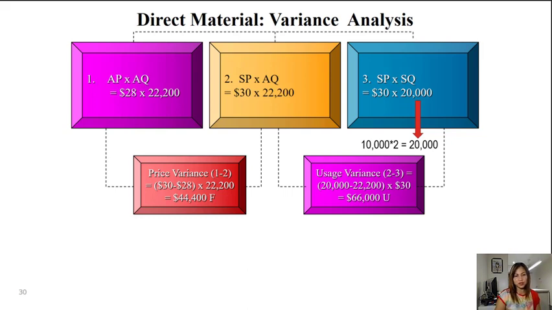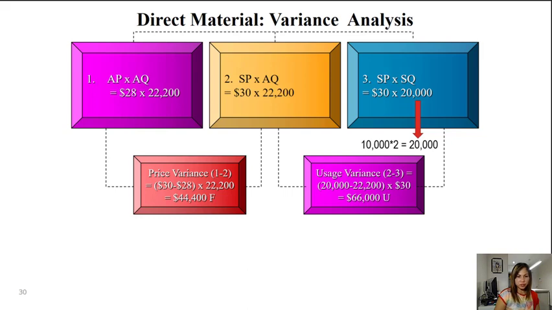Therefore, it is unfavorable. Price variance, in terms of the price, you ended up paying less per square meter, which is 28, compared to the standard price that you set of $30 per meter. Therefore, price variance is 44,400 favorable.